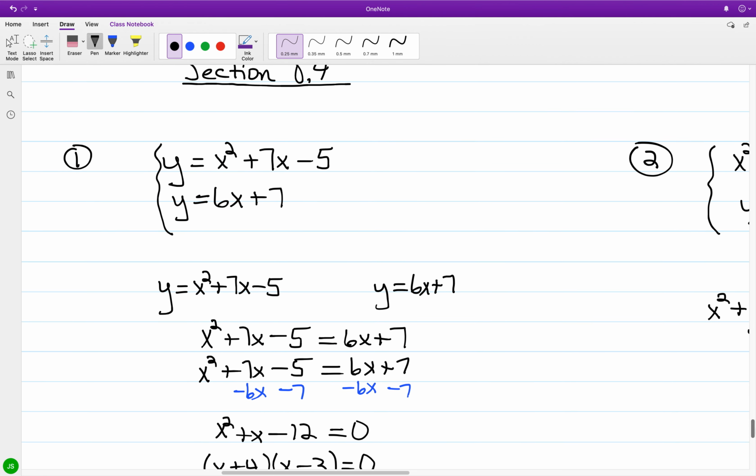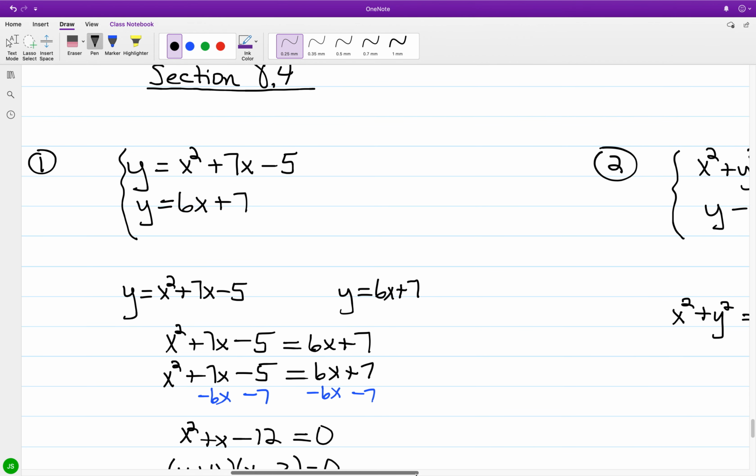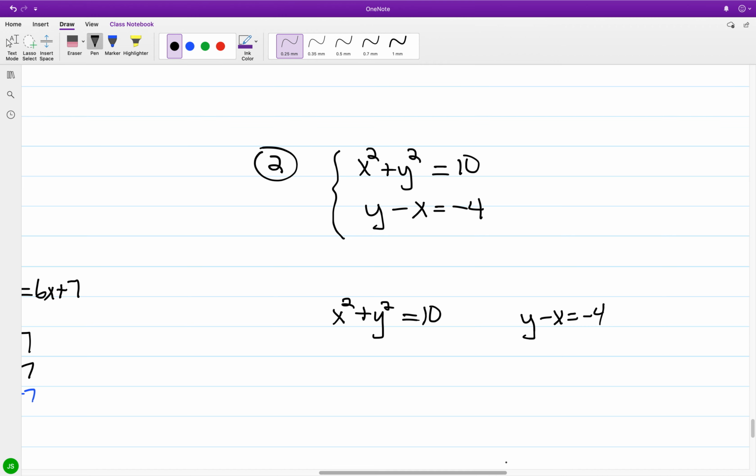All right. Now, for the second system, we have x squared plus y squared is equal to 10 and y minus x is equal to negative 4. Let's put the second equation in terms of y. So I have y minus x equal to negative 4.